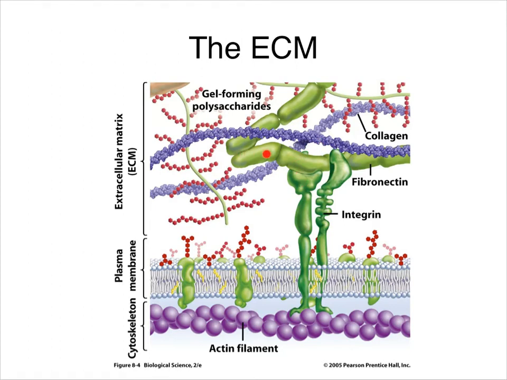Then the fibronectin connects to these collagen fibers. Those are those really strong fibers that help your skin and your tendons and ligaments and really all of your connective tissue to resist tearing.